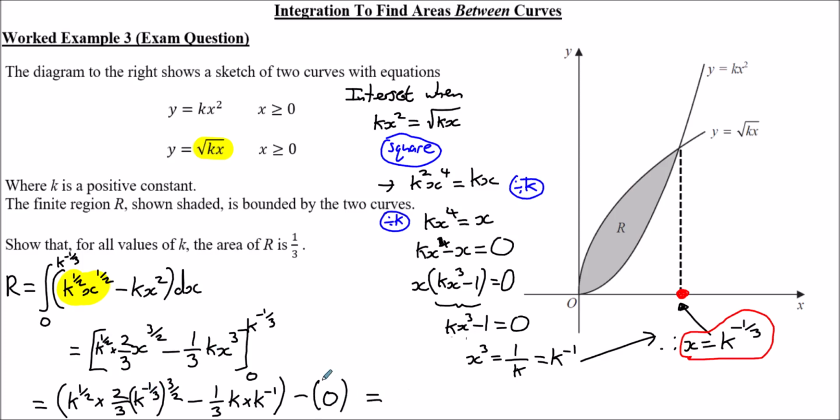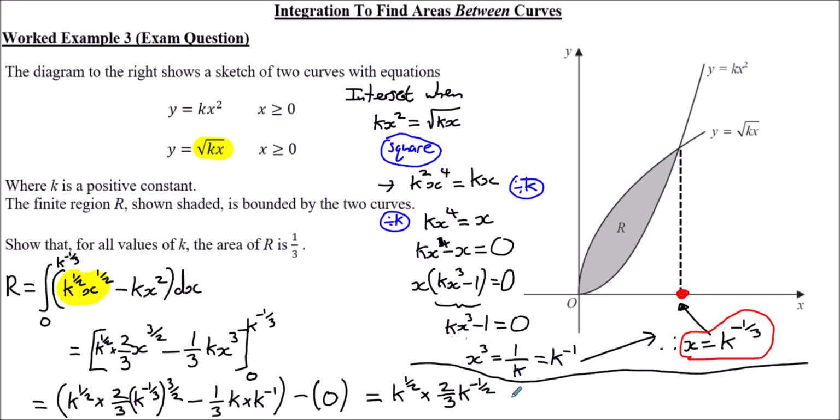So what I'm going to have now is k to the half times 2/3. So power of a power, minus 3 on the top, 6 on the bottom. So I'm going to get k to the negative 1/2. I'll just try and separate this top line away so I'm not going to get in the way.